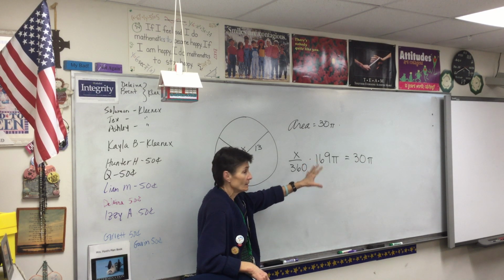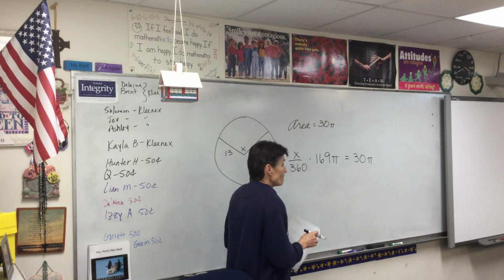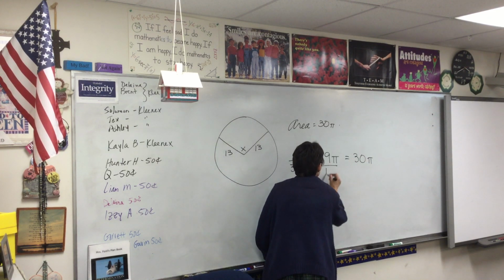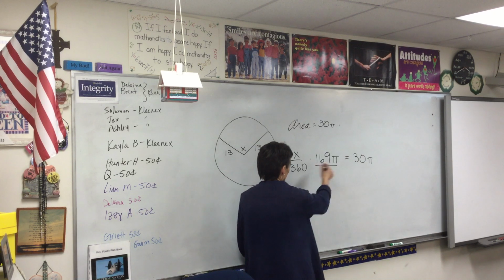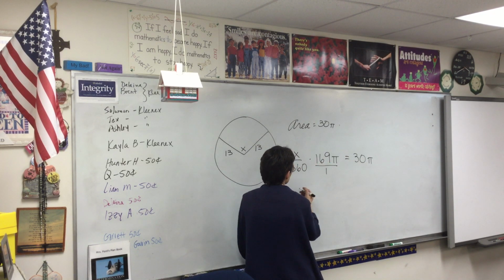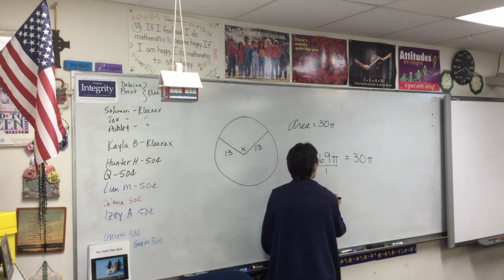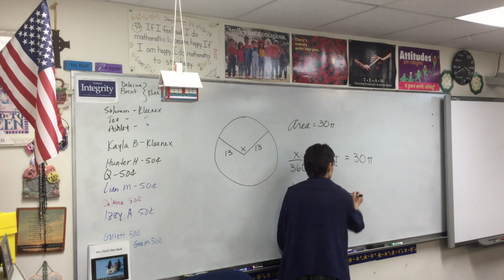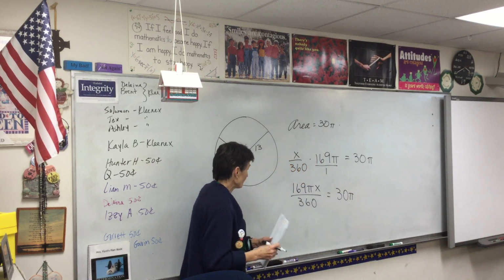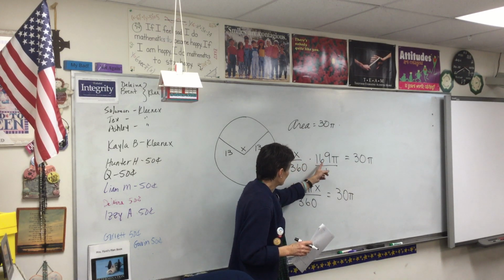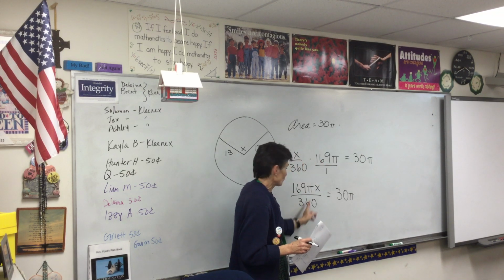Agreed? Yes. Now, this is kind of messy. I'm going to multiply these two things together over here on this side. So that would give me 169 pi x over 360. Would everybody agree that I can multiply this together and I get 169 pi x over 360?